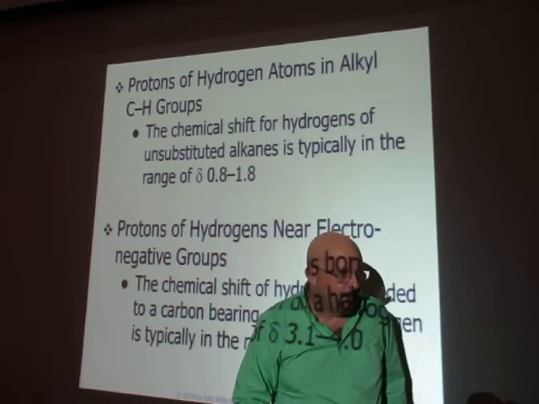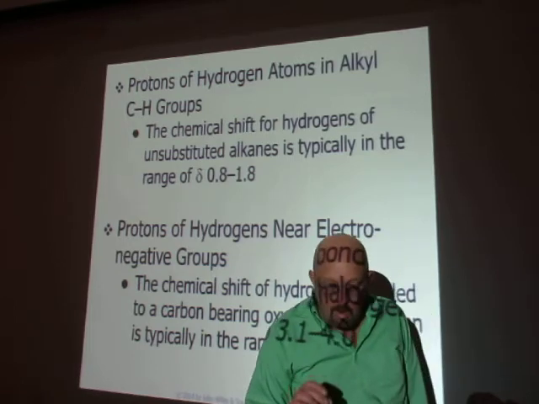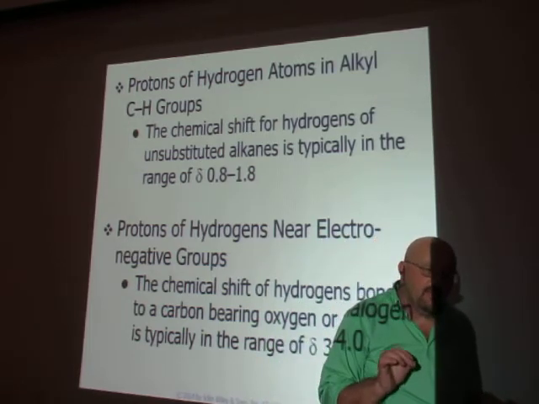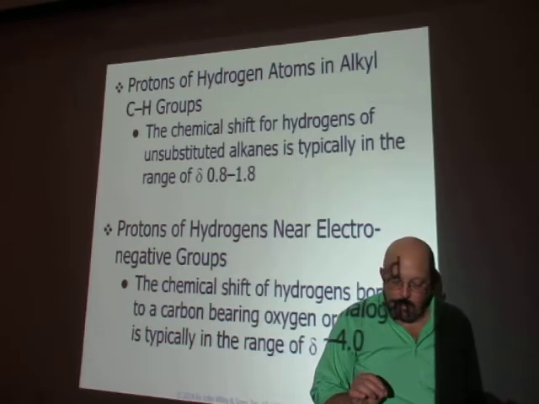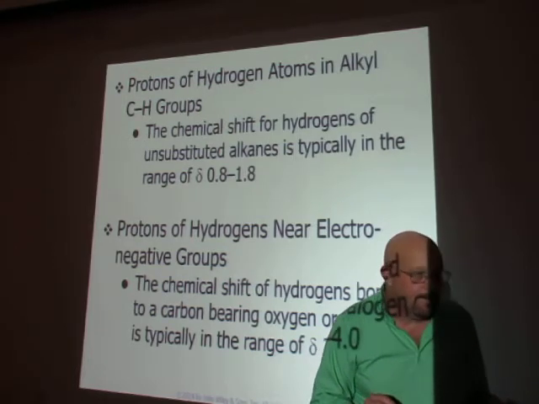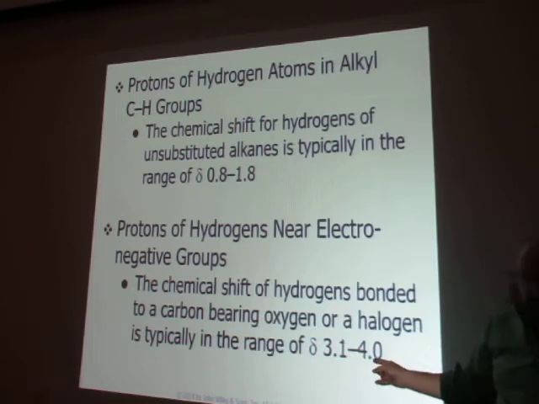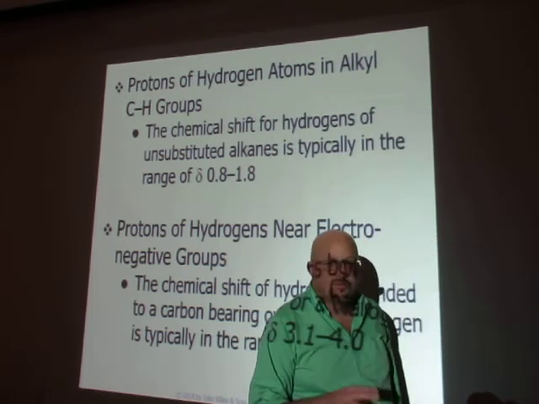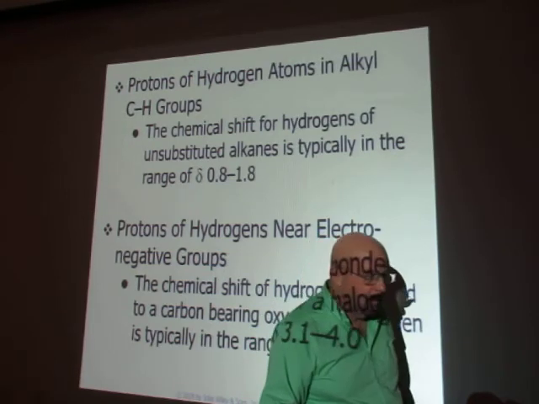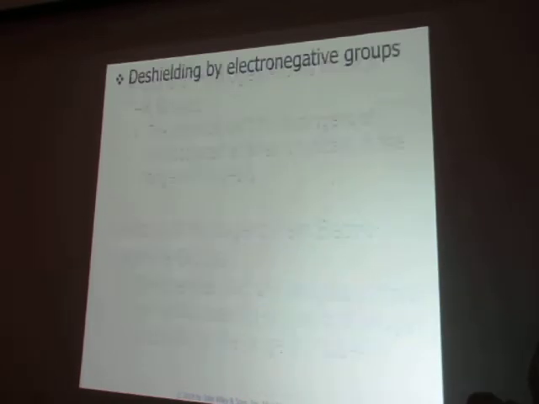But if you have protons on a carbon that is connected to an electronegative atom, they come from 2.5 to 4.5. Now I know this says 3.1 to 4. I just say 2.5 to 4.5. That's just easy to remember again. Now, as to what that electronegative atom is doing, it's de-shielding.